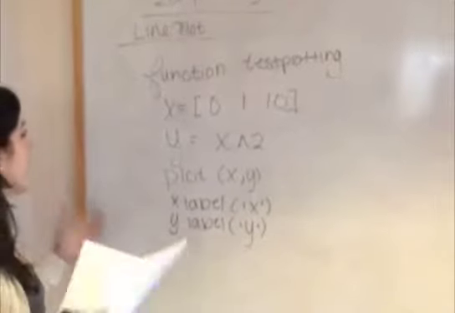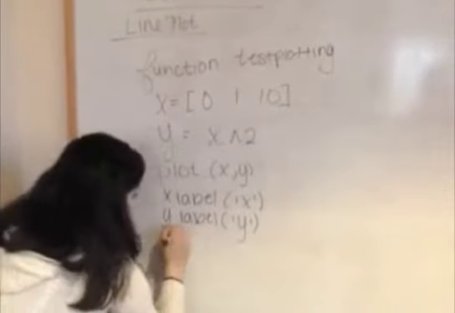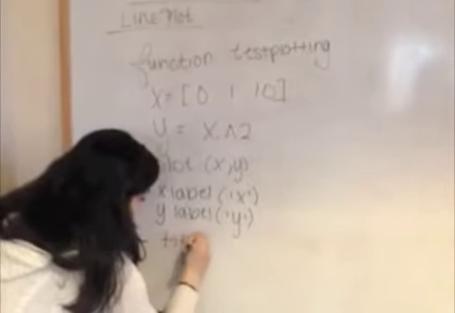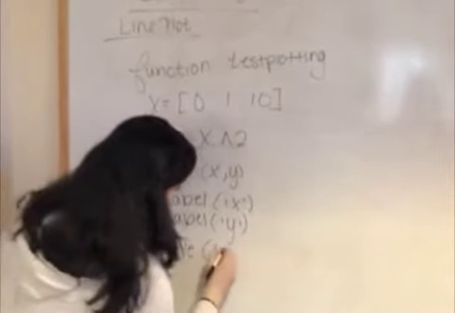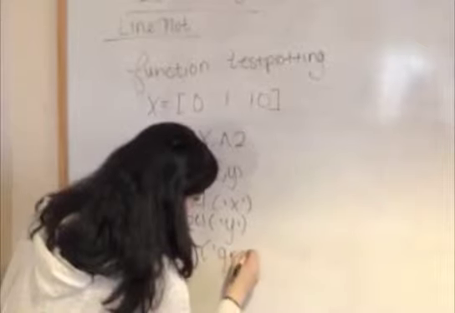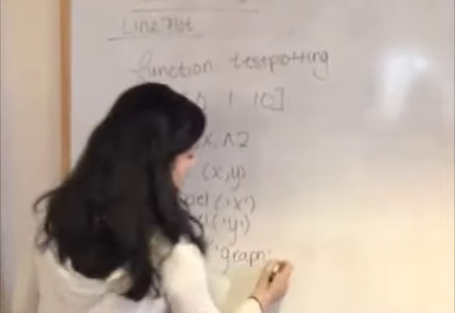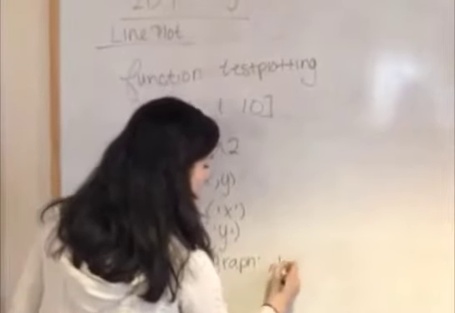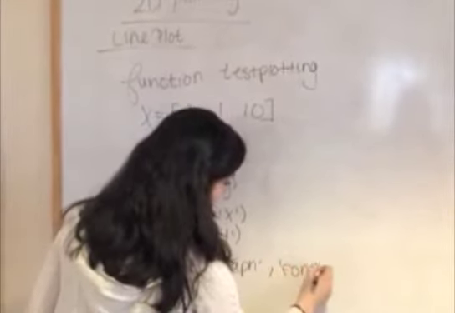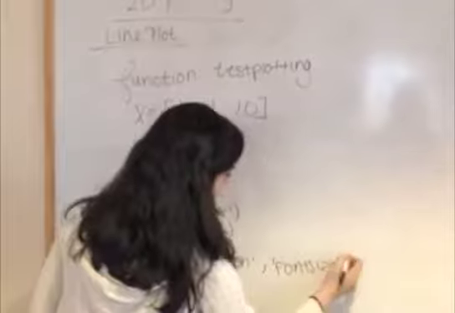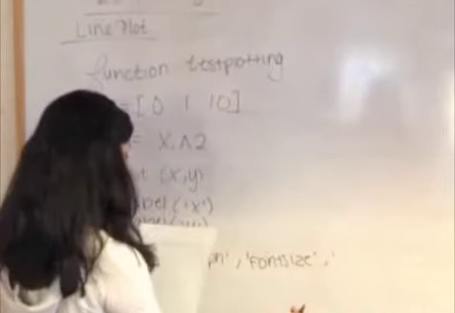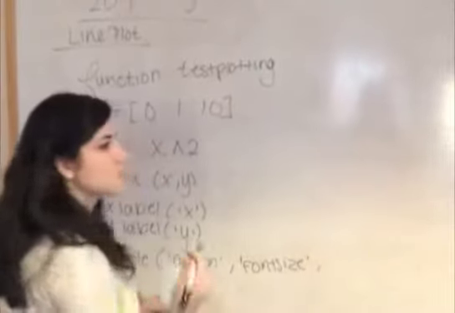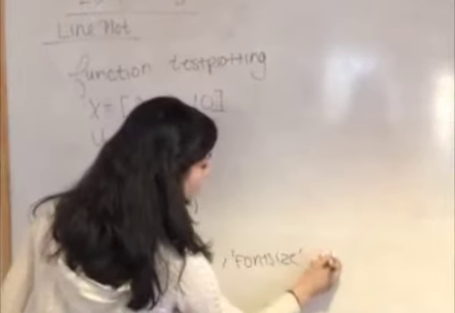Then we could do a title, so we use the title function, and we can name it graph for simplicity reasons. And if you want to change the font size, we say font size, and we can have it to be 10, 12, we'll just do 14.